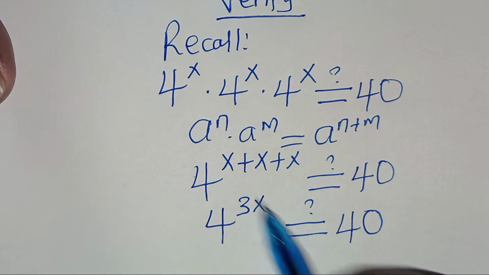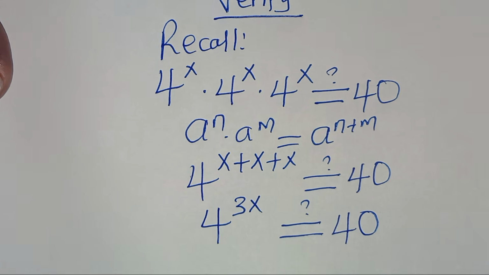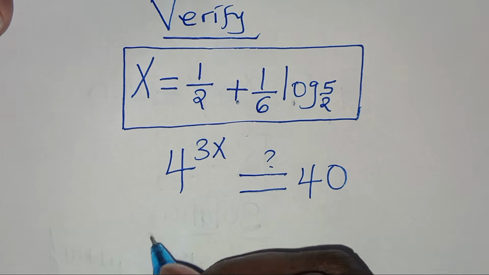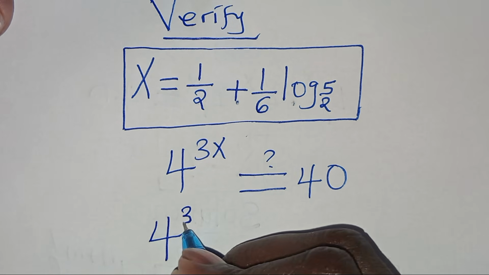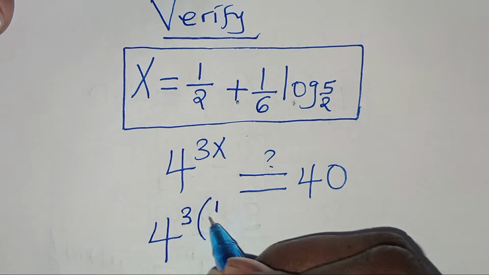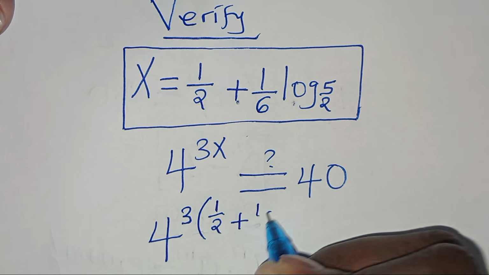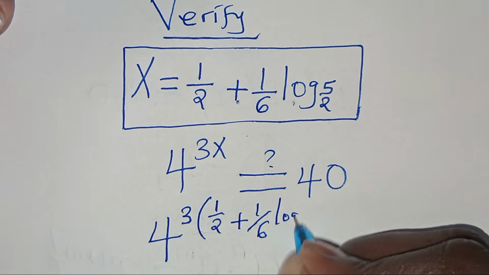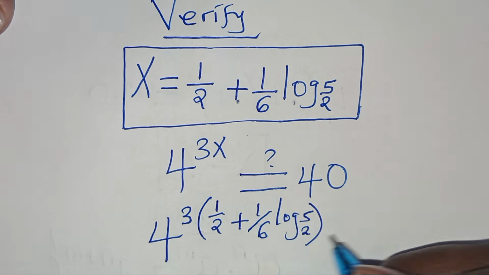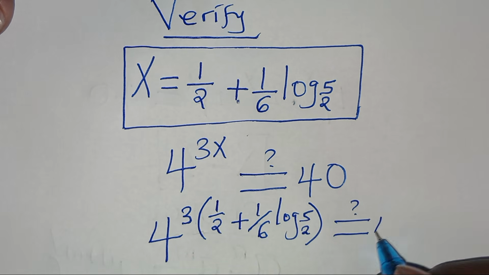Now let's substitute the value of x here, so that we have 4 to the power of 3 into the parentheses, a half plus 1 over 6 log 5 to base 2. This should give us a value of 40.